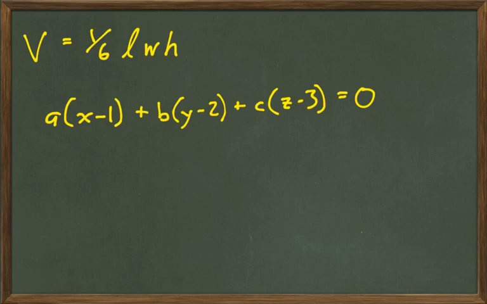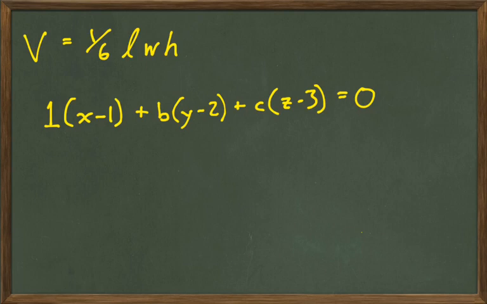So I can just take that first coefficient, a, and make it 1. What we're left with is two control variables, b and c. We can choose those arbitrarily. Turns out they have to be positive, but they can be any numbers, and we'll always get a plane through the point 1, 2, 3. So we control the variables b and c.